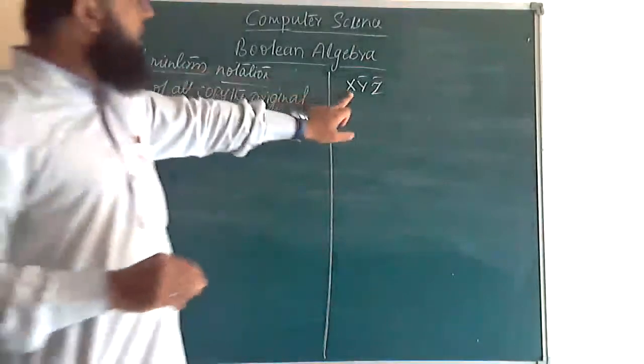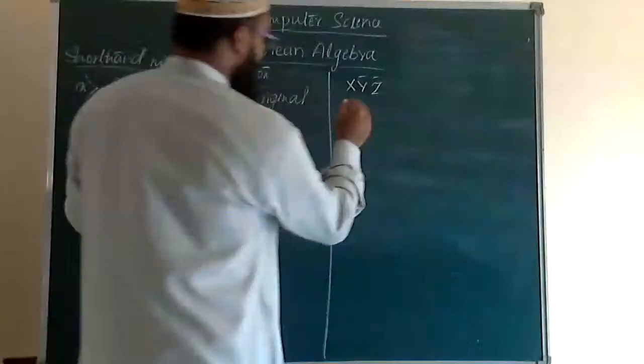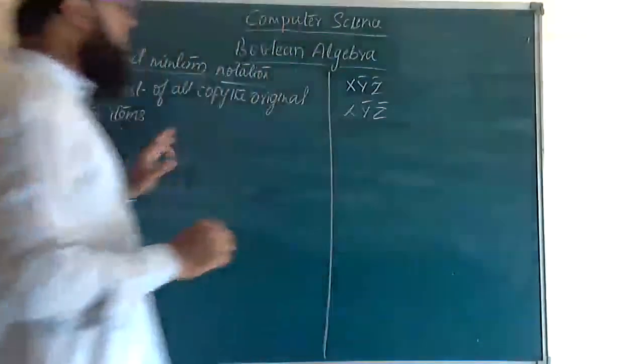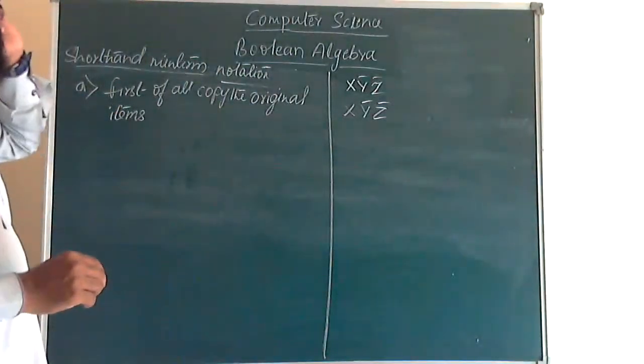Here X, Y bar, Z bar is there. Copy as it is: X, Y bar, Z bar. Next, what do we have to do?